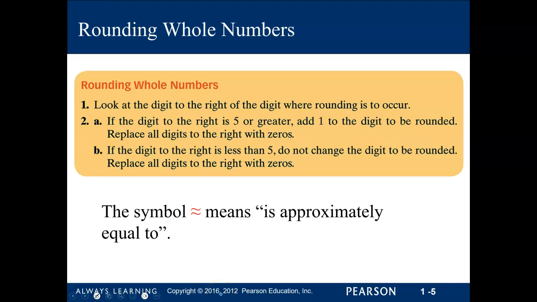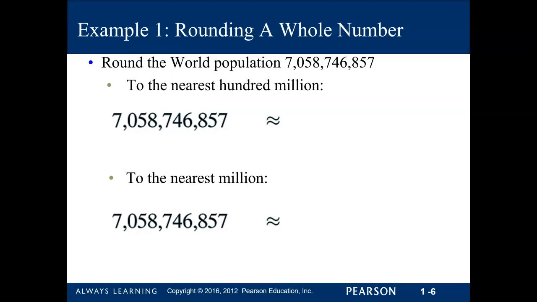If the digit beside the place value that we need to round is 5 or greater, then that digit will increase by 1. If the digit is less than 5, then the digit is maintained. All right, so you will see a symbol like a curly equal sign. That is the symbol for approximately equal to.